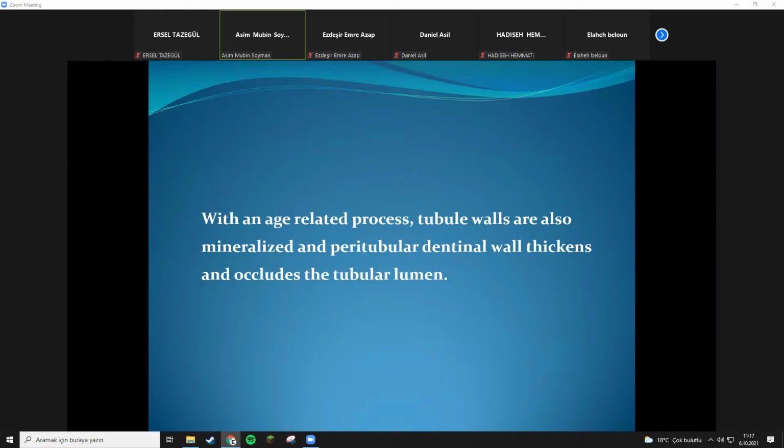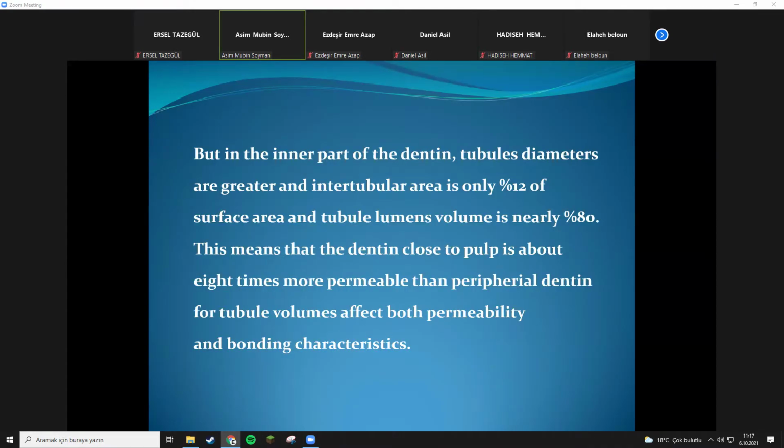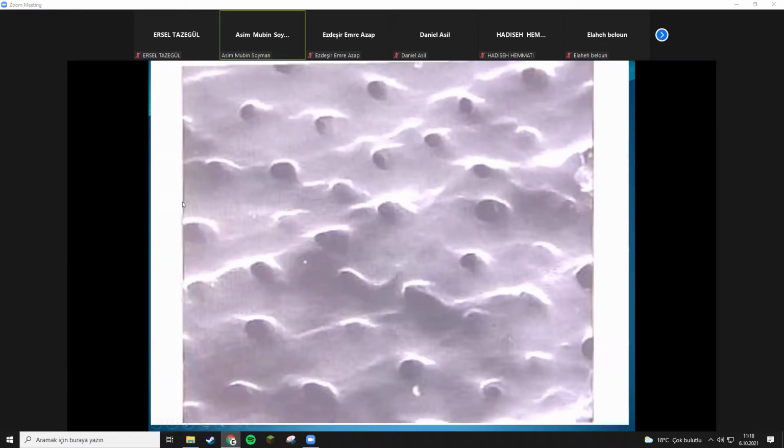Now, let's get back, and I'm going to show the dentinal tubuli in here. Yes, here is the dentinal tubuli, and intertubular dentine and peritubular dentine, which surrounds the dentinal tubuli.